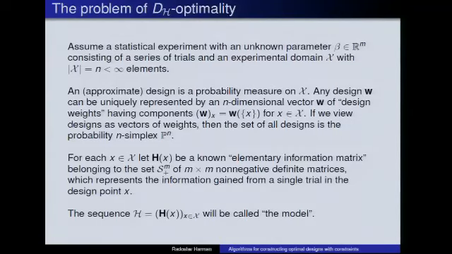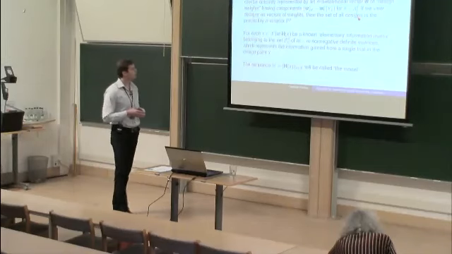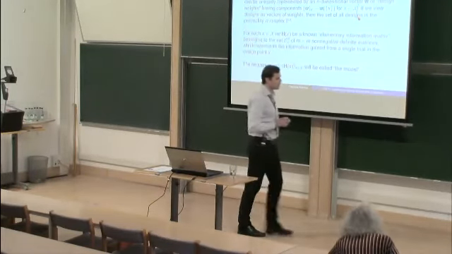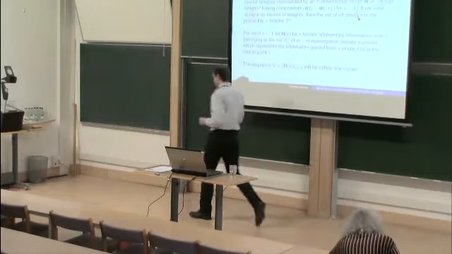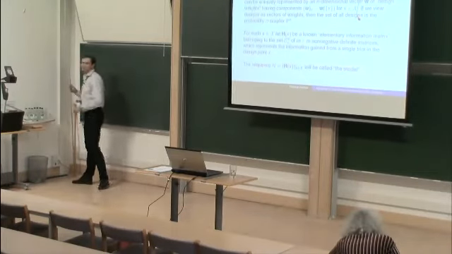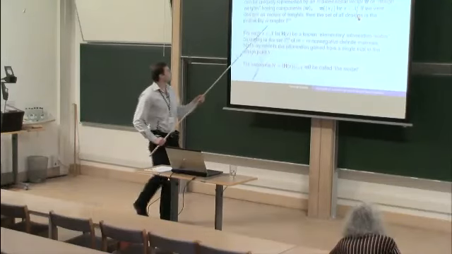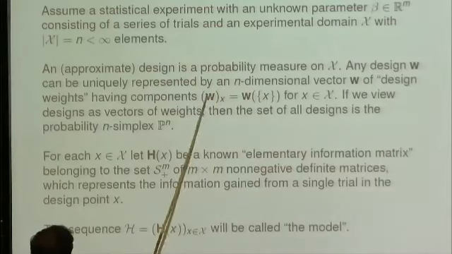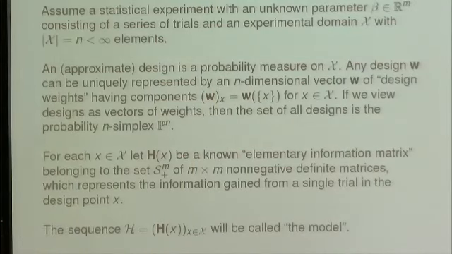An approximate design, as usual, is a probability measure on the design space X. Any design represents the proportion of measurements which should be taken, or observations or trials which should be taken in particular point small x. So the small x represents the design points. Any design, that is this probability measure, can be represented by an n-dimensional vector of weights, of the design weights.